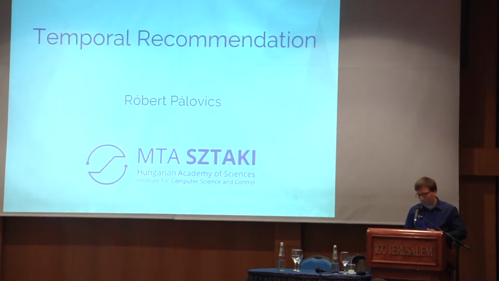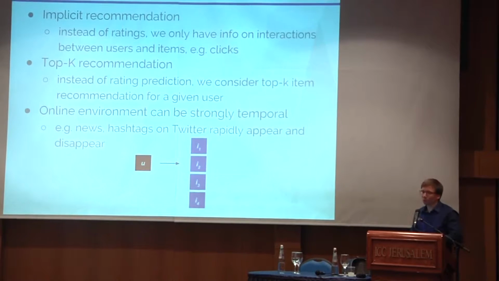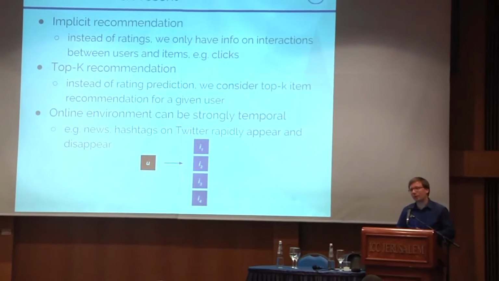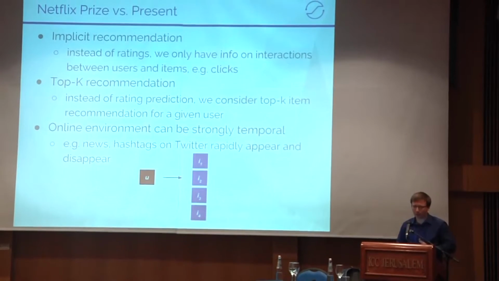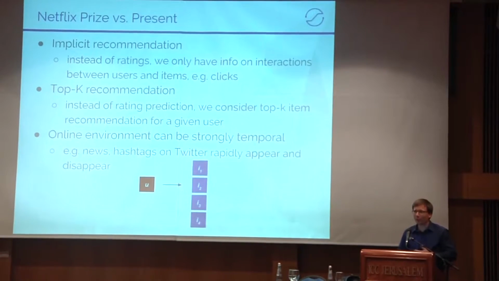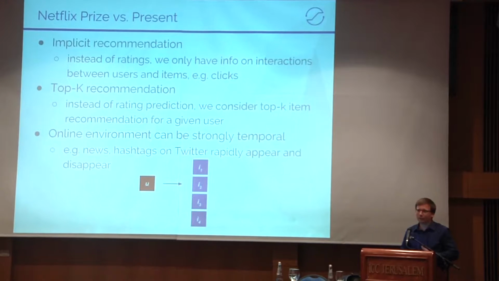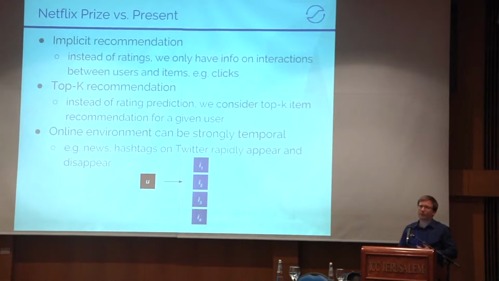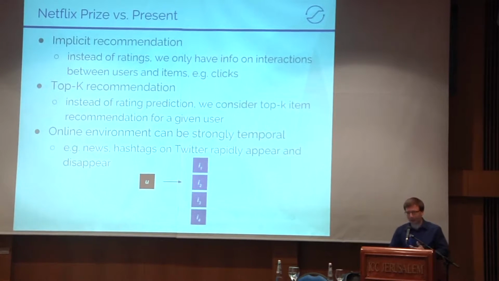To introduce temporal recommendation, what I wish to talk about first is the difference between today's recommender systems tasks and the Netflix prize. There are three aspects that we generally focus on. The first is that today's recommender tasks are generally implicit recommendation tasks.